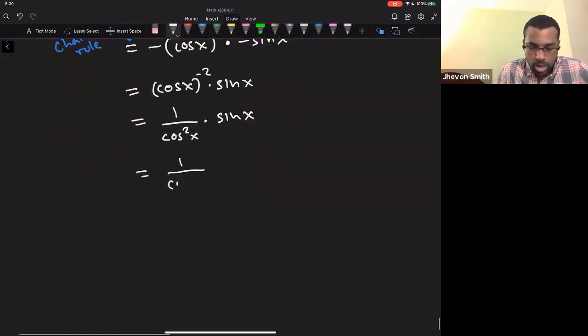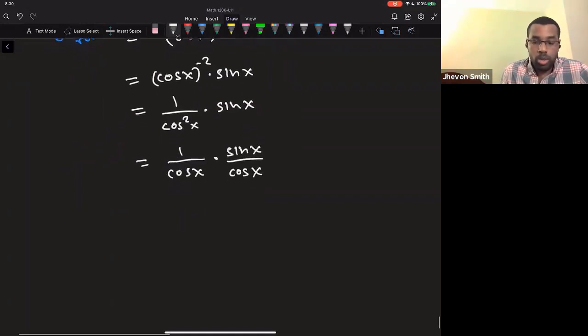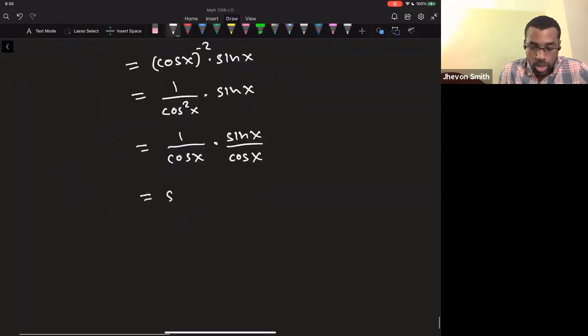This is customarily, you take a factor of cosine, move it over there, and 1 over cosine is secant, and sine over cosine is tangent.